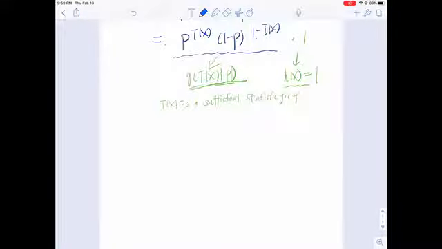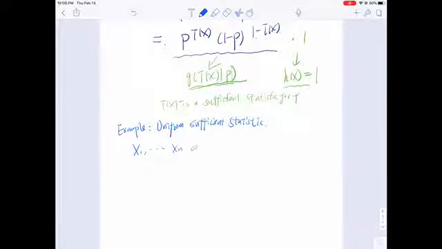Let's look at another example. Let's look at a uniform sufficient statistic. So X1 through Xn are IID observations drawn uniformly from 1 to theta. And their PDF has the following form.